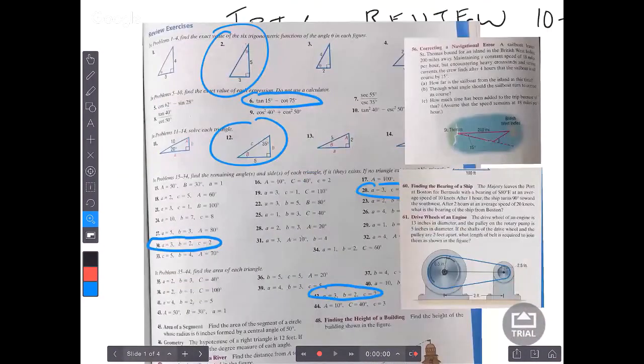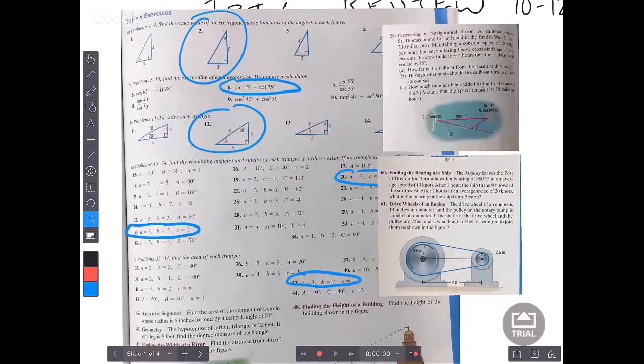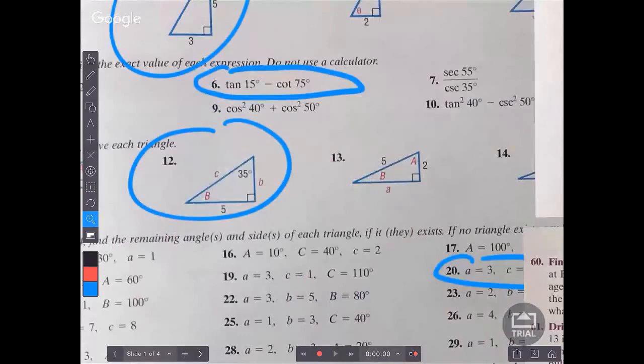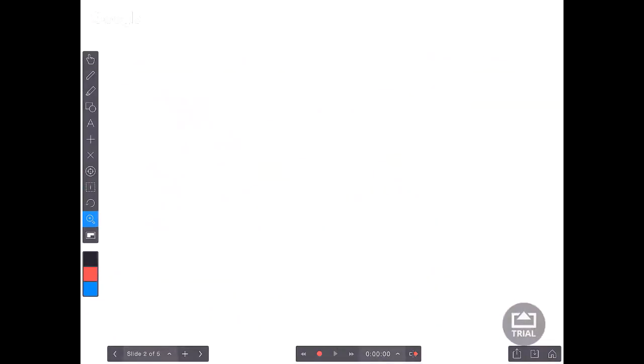Okay. We did 2. Let's talk about 6. Cofunctions of complementary angles. Tangent of 15 minus cotangent of 75.